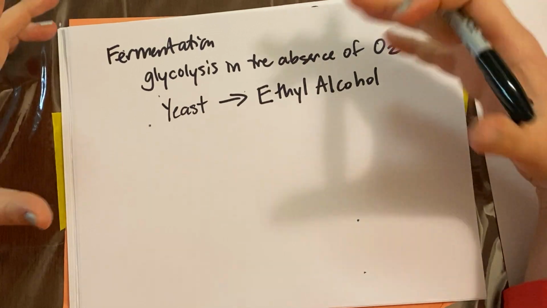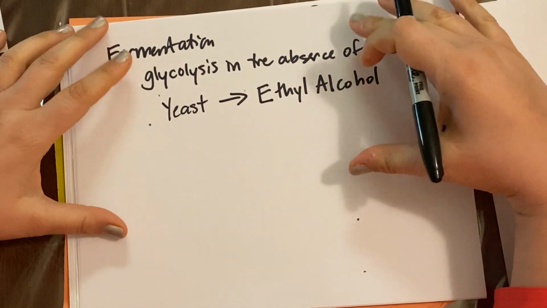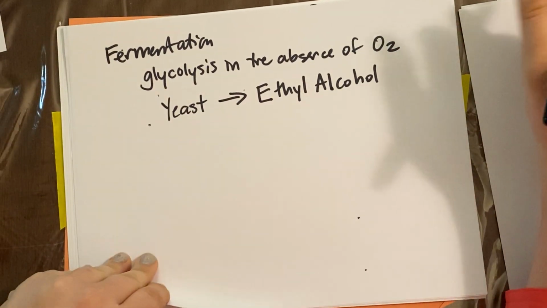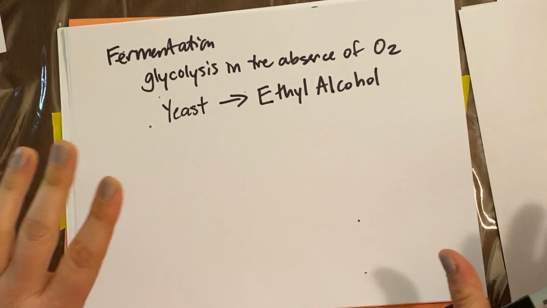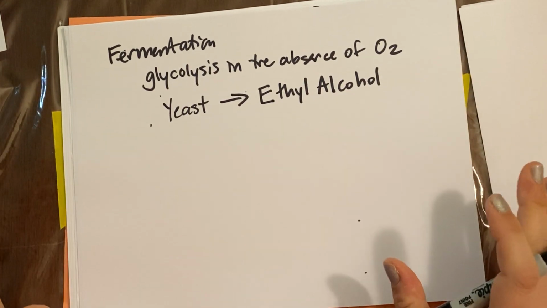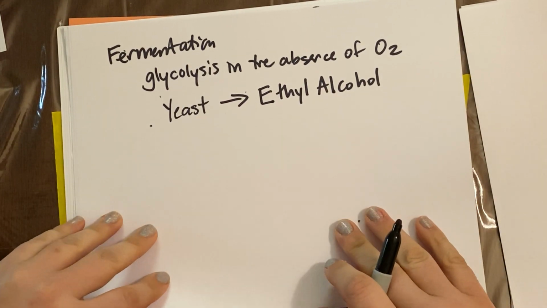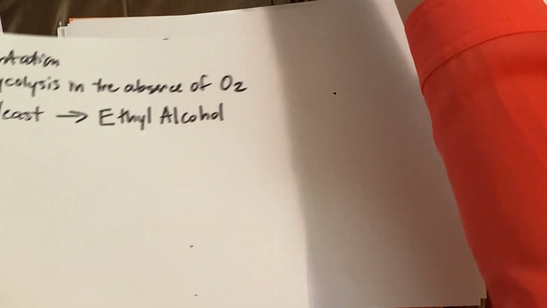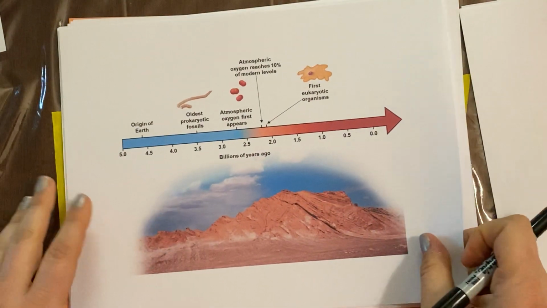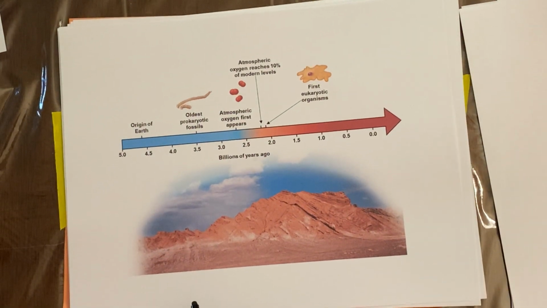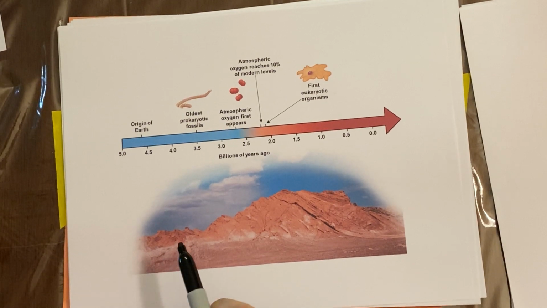Now, the last thing I wanted to talk about is that lots of microorganisms do this, and we often utilize their byproducts, but we have to think about what the earth looked like originally. We'll eventually talk about how photosynthesis is extremely important for life on earth because it produced oxygen. But for a long period of time, there actually wasn't very much oxygen present.